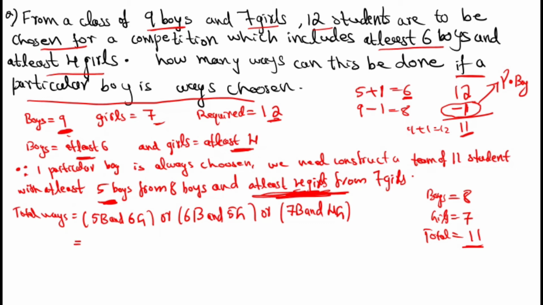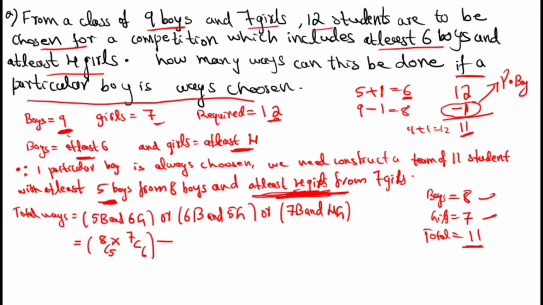It is equal to 5 boys. How many boys are there? 8 boys are there. You need to select 5 boys here, right? Into, and there are 6 girls. How many girls are there? 7 girls are there. From the 7 girls, you need to select 6.